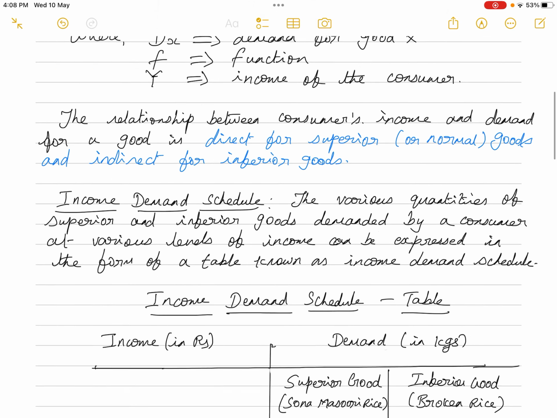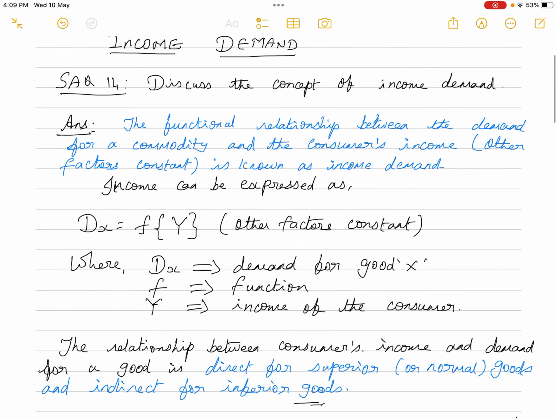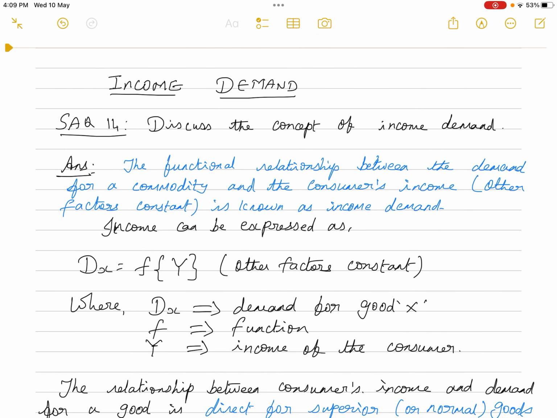Explain the concept of income demand, and you might get it even for 2 marks also. For 2 marks you have to mention the meaning of income demand, the formula, and then up to here. It is direct for superior goods and indirect for inferior goods. Okay, hope you have understood.